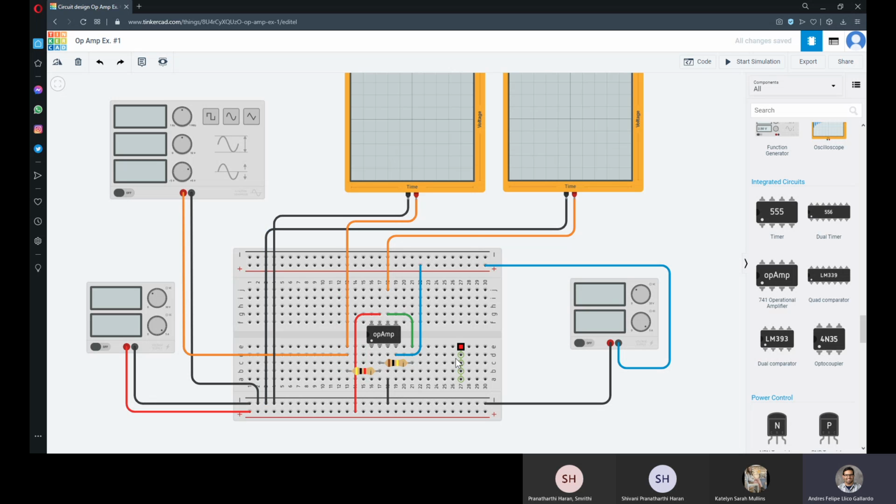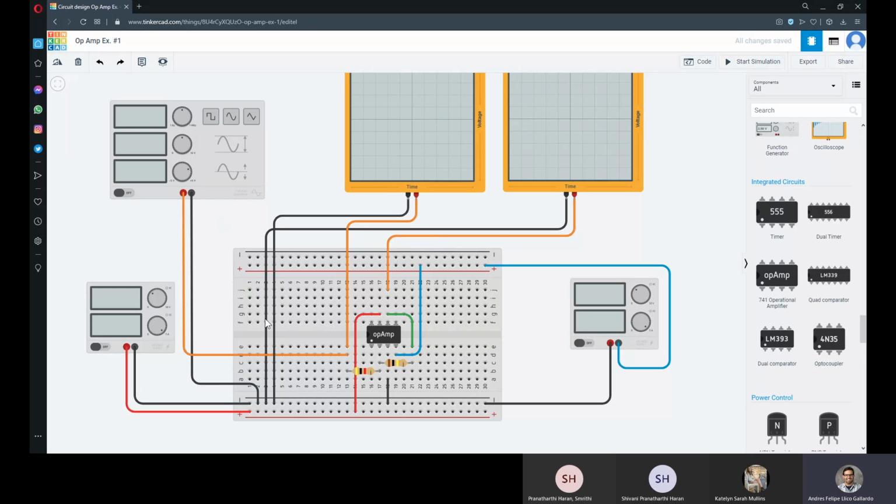What I'm showing here right now is the inverter configuration. Just a few things to mention. Every time you see a diagram, sometimes they might not mention the positive and negative power supplies.